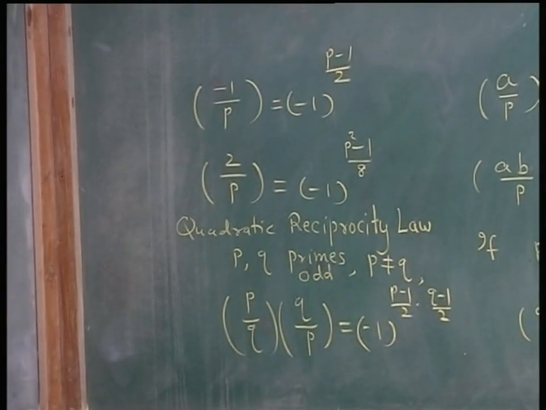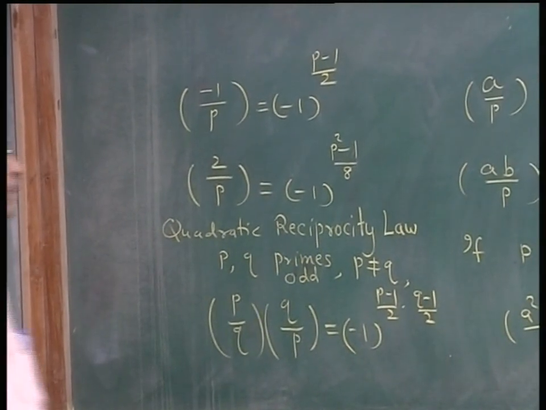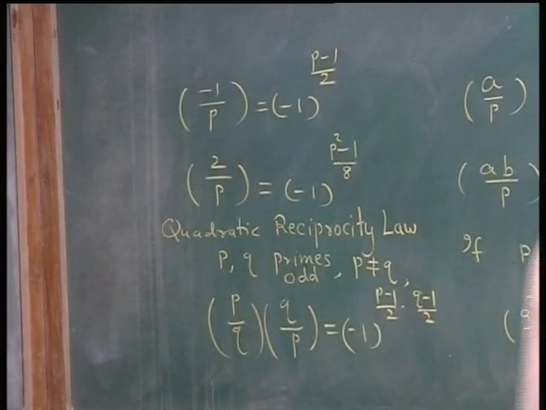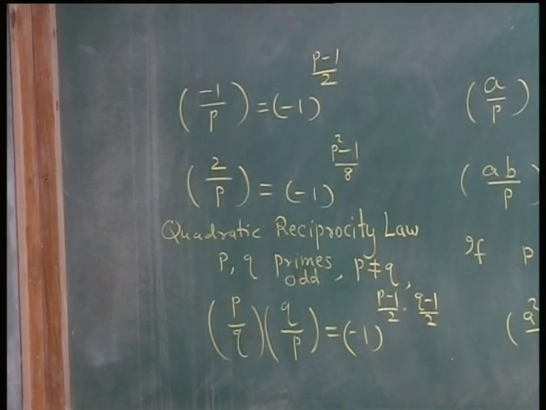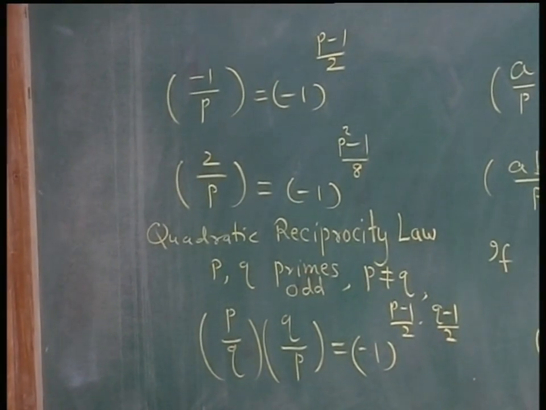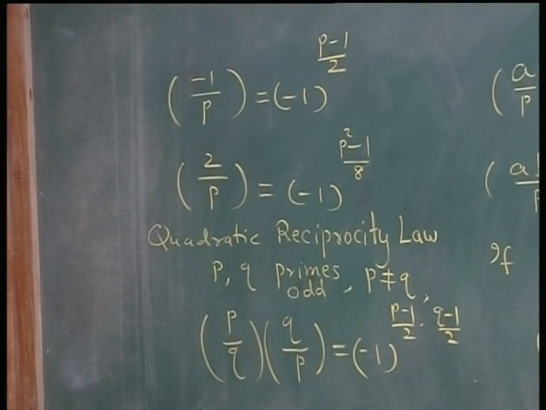This is the quadratic reciprocity law. So, when we do calculations and find out the Legendre symbol, all these laws are useful.